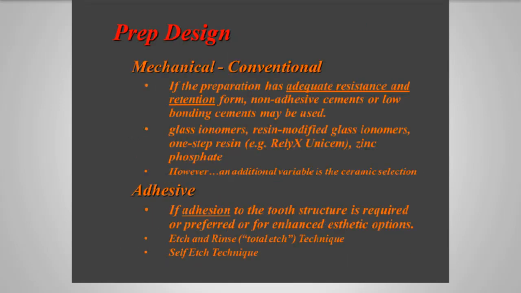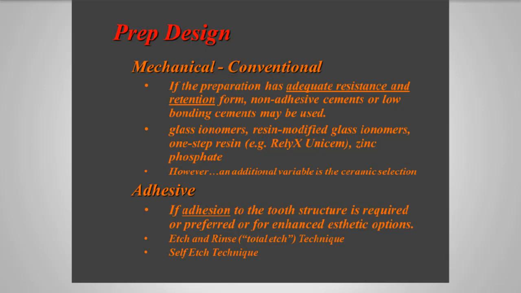If you look at the prep design, mechanical for conventional cementation, if the prep has adequate resistance and retention form, non-adhesive cements or low bonding cements may be used: glass ionomers, resin reinforced glass ionomers, one-step resins, zinc phosphates. However, the additional variable again is the ceramic selection. Emax, for example, is a popular material today, and there's some controversy whether or not that can be conventionally cemented or whether it should be bonded.